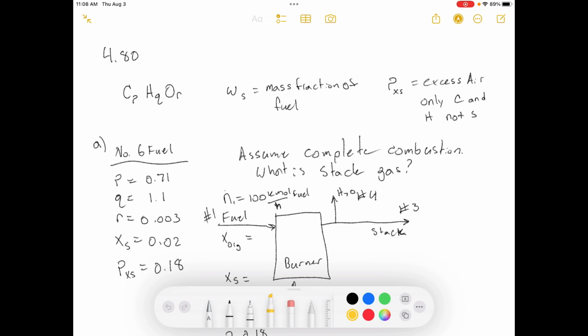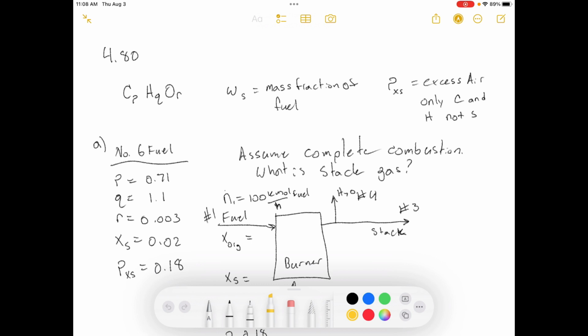Today we're working out of Elementary Principles of Chemical Processes, 3rd edition, and we're doing problem number 4.80. The problem statement says, fuel oils contain primarily organic compounds and sulfur. The molar composition of the organic fraction of a fuel oil may be represented by the formula C_P H_Q O_R.